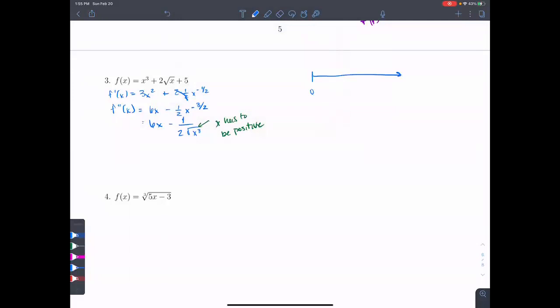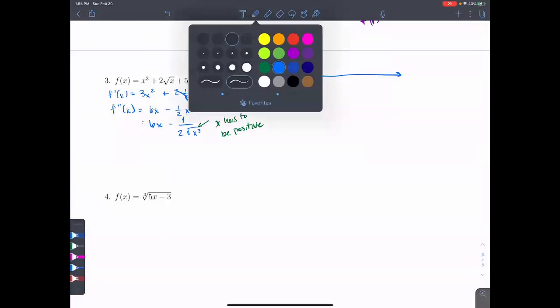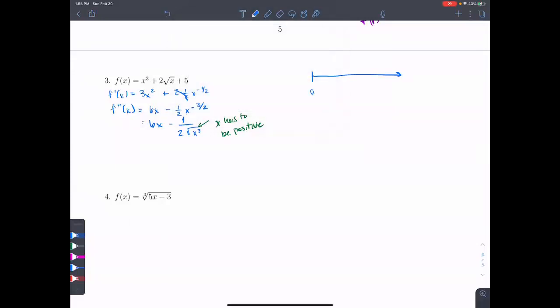And then what we would do is set this equal to 0 and solve. So 1 over 2 times the square root of x cubed equals 6x. Actually, this is 1/2 times x to the negative 3/2.